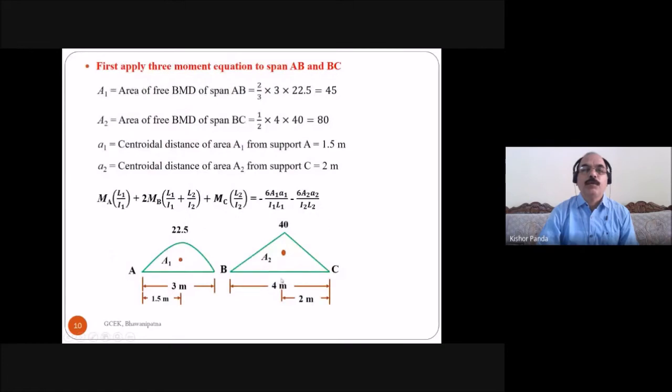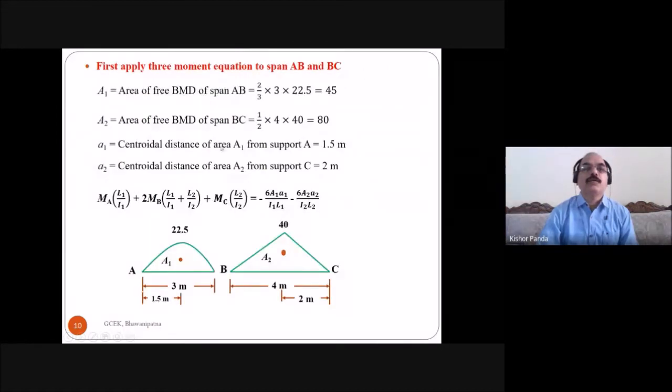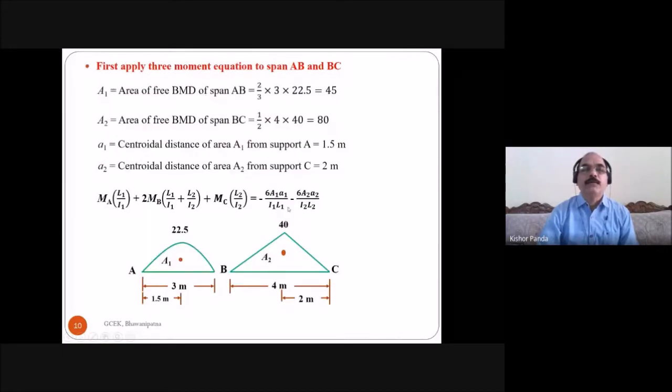L2 is 4 meter and I2 is I, 4 by I, is equal to minus 6 A1 a1 by I1 L1. So capital A1 is 45 and small a1 is 1.5. 45 into 1.5 by I1 L1.